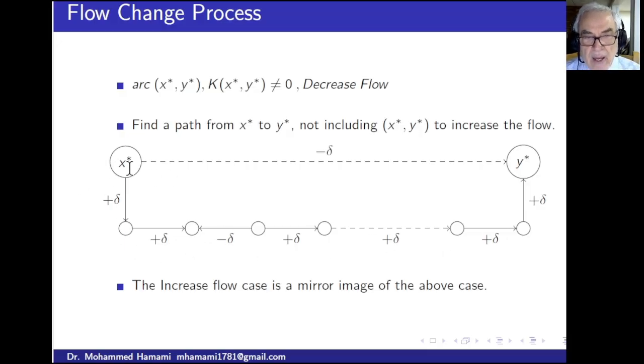So we take this flow out of here and put it on this path here. So here we're going to have a loop, and we're going to add delta here, subtract delta here. So the conservation of flow at this node is valid. And the same thing here. This delta goes on this delta, and the conservation of flow is valid. And we also allow reverse arcs in this path from x star to y star.